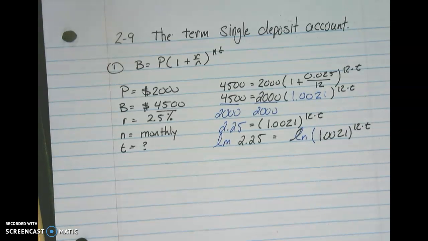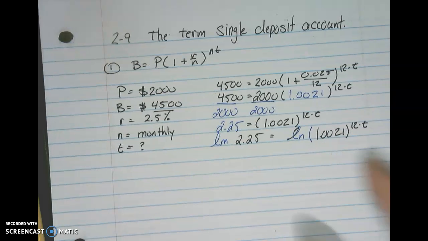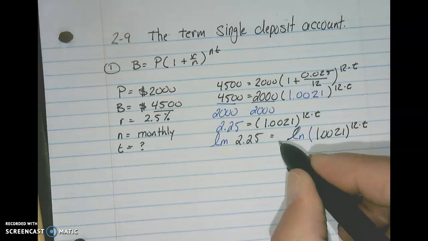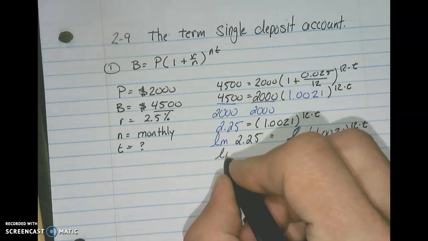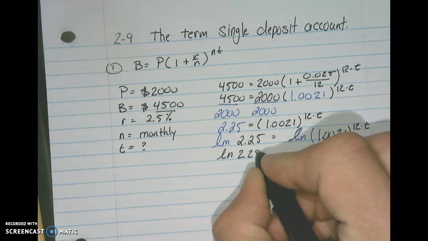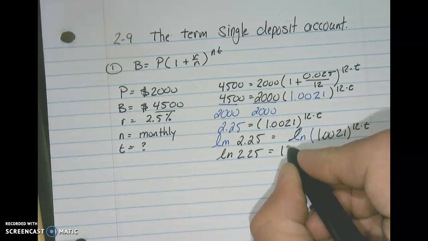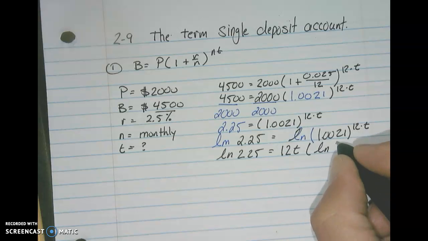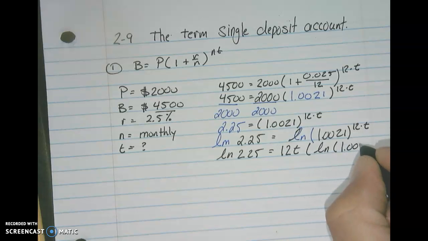All right. Now, with the natural log, what happens when I take it on both sides is that this power now comes out in front. Okay. So this is the natural log of 2.25 is equal to 12t times the natural log of 1.0021.